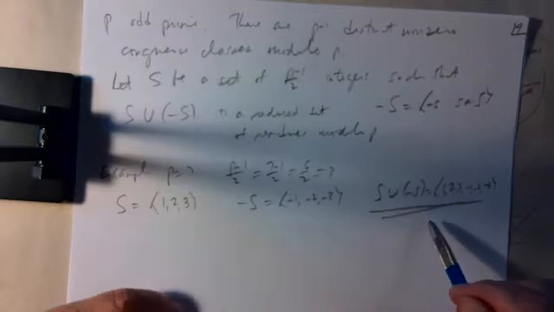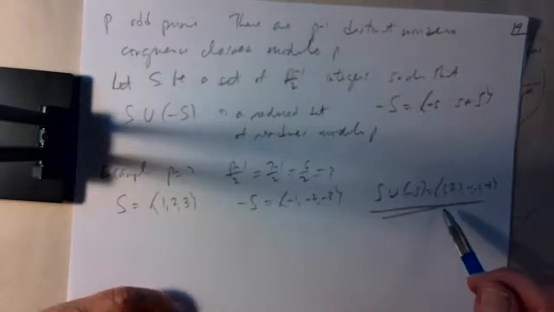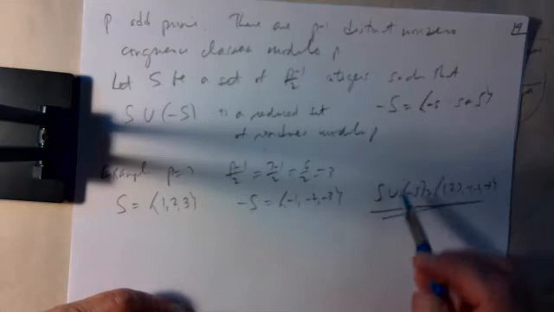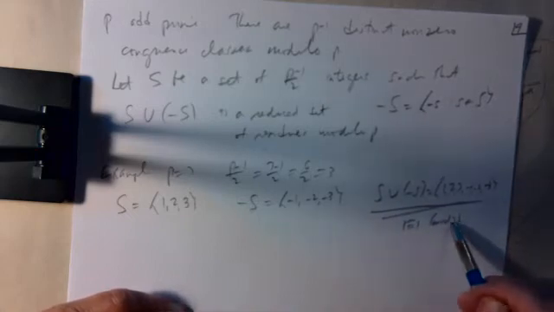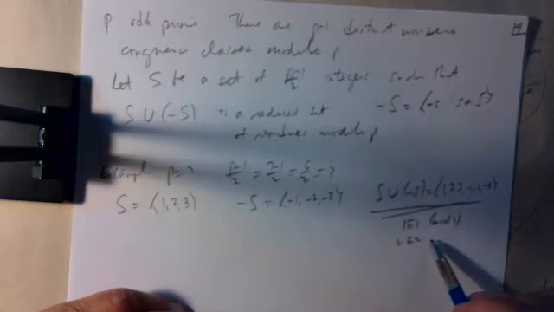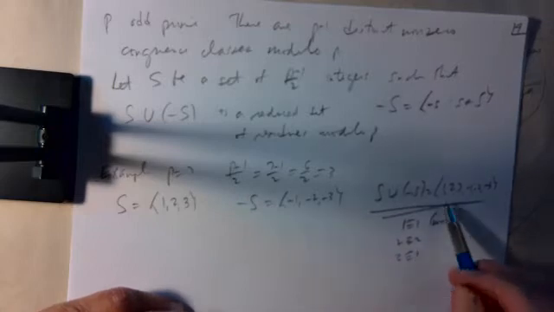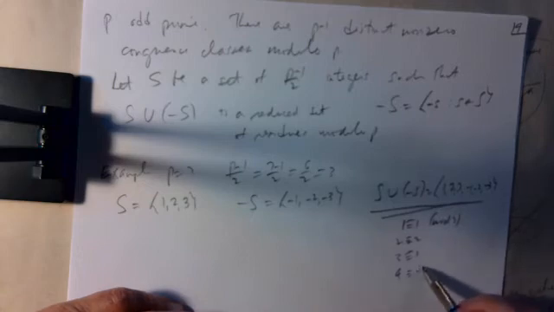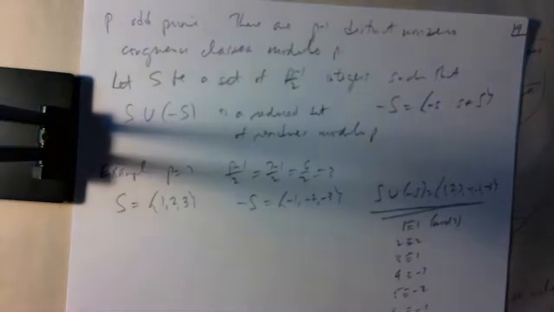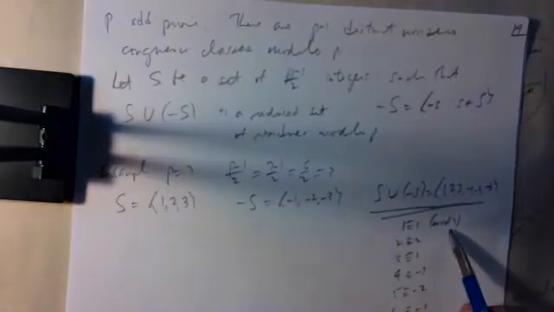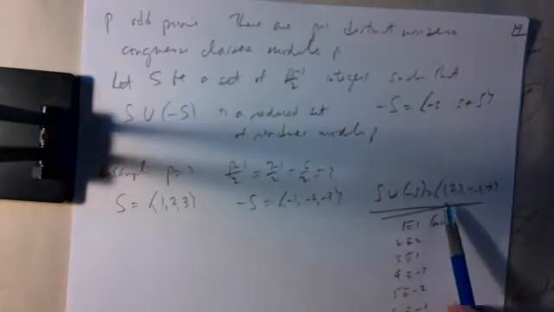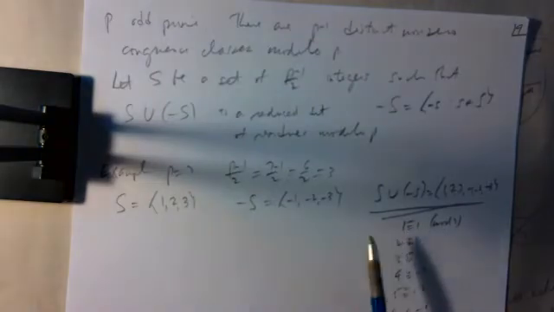And this is a reduced set of residues mod 7, because 1 is congruent to 1 mod 7, 2 is congruent to 2, 3 is congruent to 3, 4 is congruent to minus 3, 5 is congruent to minus 2, and 6 is congruent to minus 1 mod 7. So every congruence class relatively prime to 7 is congruent to one of the 6 numbers in this set.